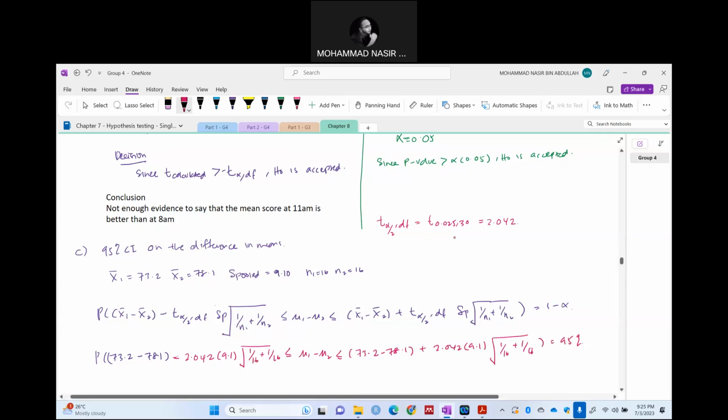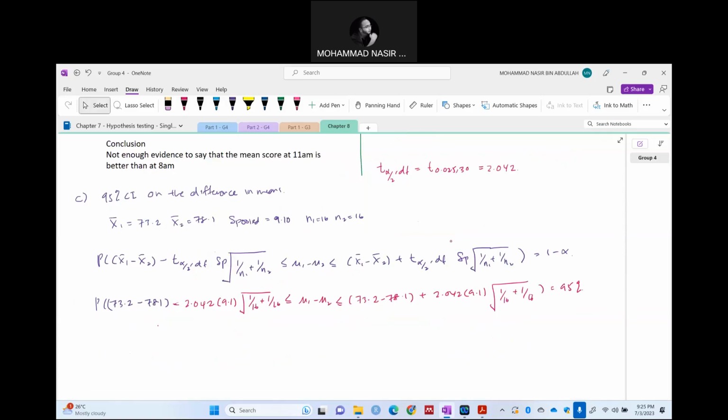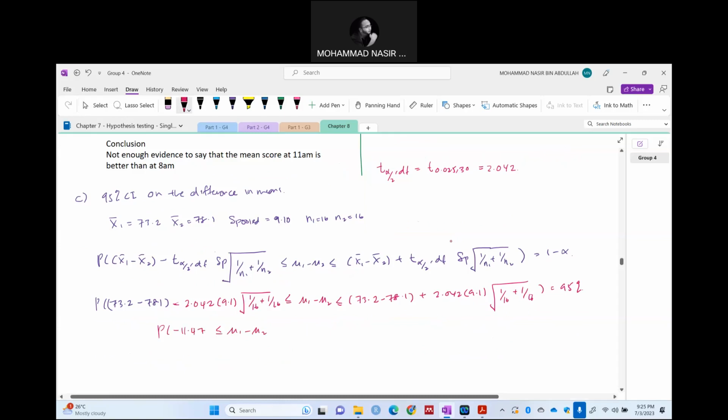So you need to calculate the lower confidence limit and upper confidence limit. The lower confidence limit is negative 11.47, for mu1 minus mu2. The upper confidence limit is 1.67, with 95% confidence.